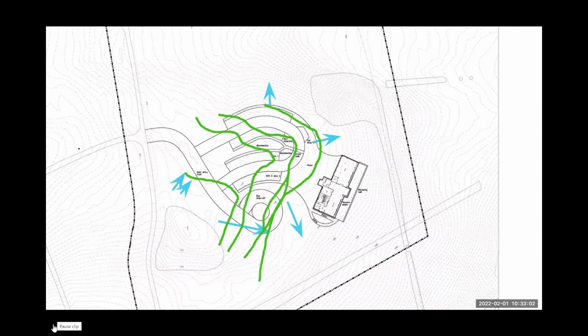What I want to point out to you is that that means that if I was going to start laying out contours on this site, I'd be thinking about this, and I'd be thinking about this. You see what I'm saying?